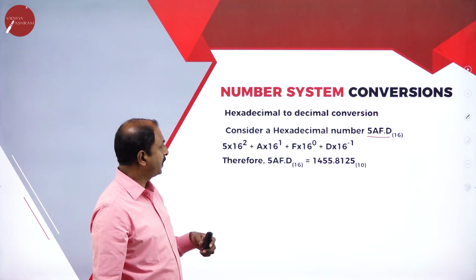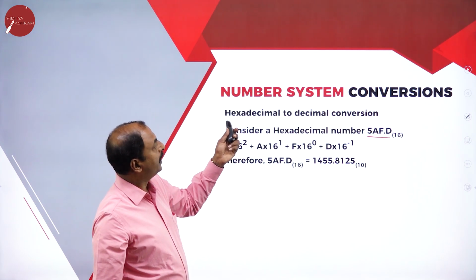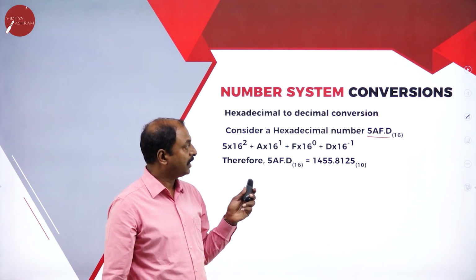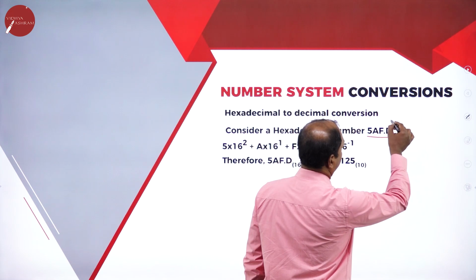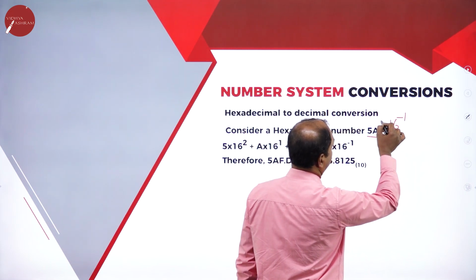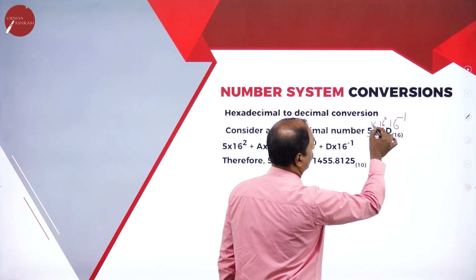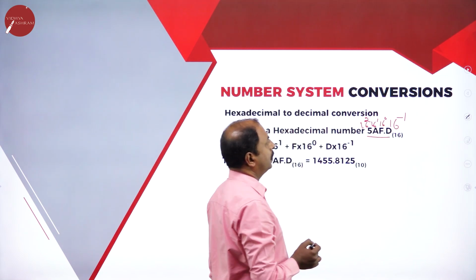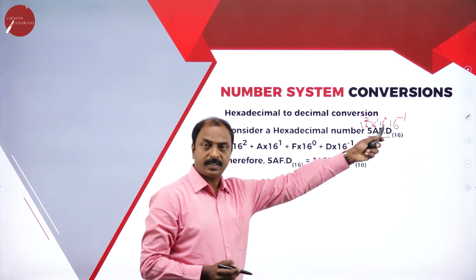Now how do we convert it? As we are converting from the hexadecimal number system, we have to multiply by powers of 16. After the decimal point it is 16 to the power of minus 1, and then 16 to the power of 0, 16 to the power of 1, 16 to the power of 2. Accordingly, we multiply these digits with these numbers.